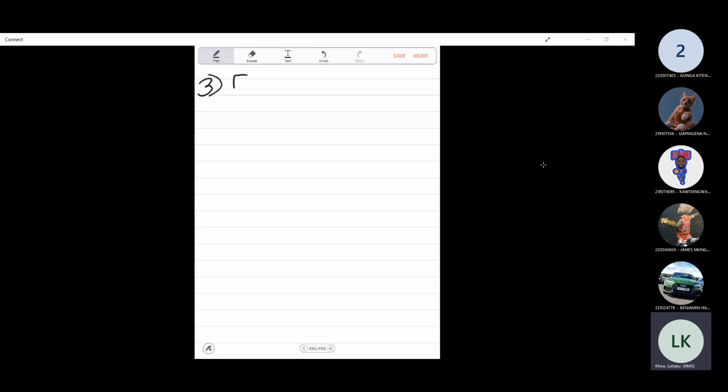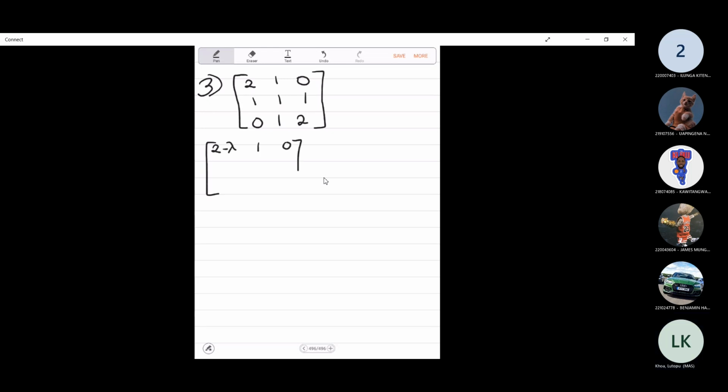So our matrix is 2, 1, 0, 1, 1, 1, 0, 1, 2, and then we have 2 minus lambda, 1, 0, 1, 1 minus lambda, 1, 0, 1, 2 minus lambda. And then we work out the determinant of this matrix and equate it to 0.